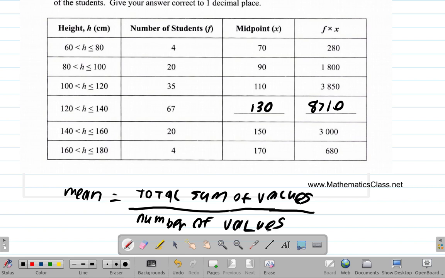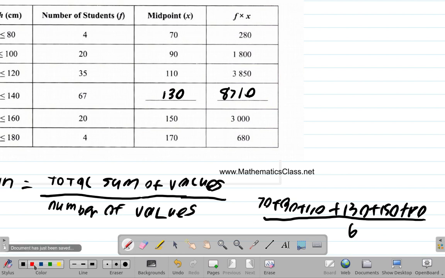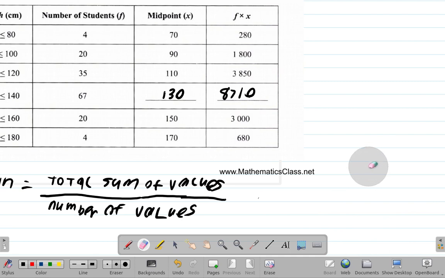And then they look at this and say, all right, it is 70 plus 90 plus 110 plus 130 plus 150 plus 170 divided by 6, because you have 1, 2, 3, 4, 5, 6. Wrong. It's not that. Let's look at how you really should work it out.